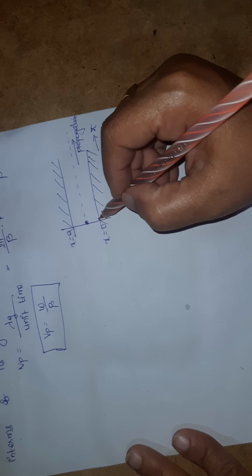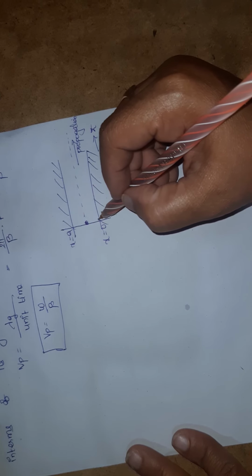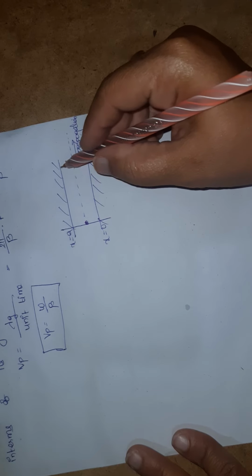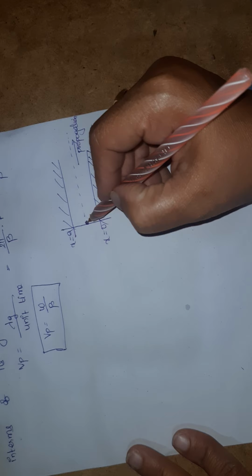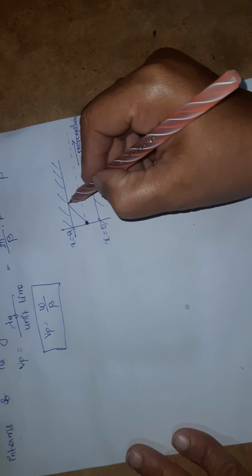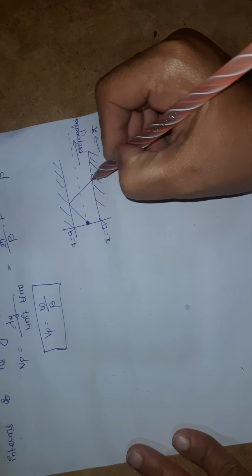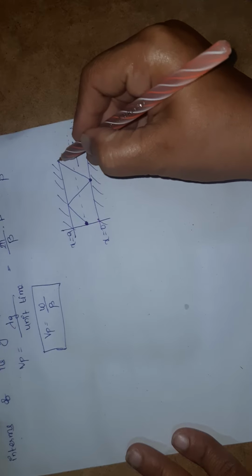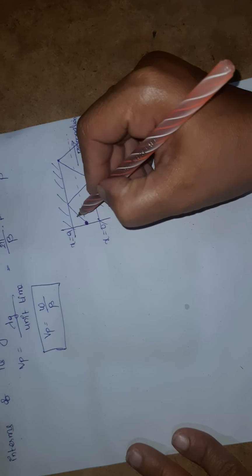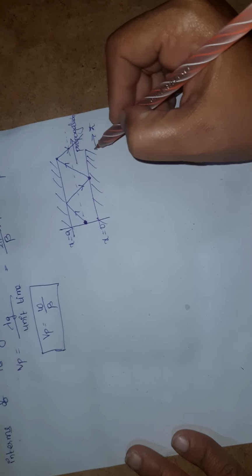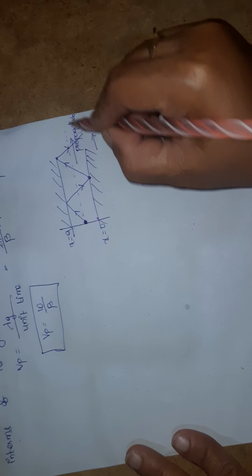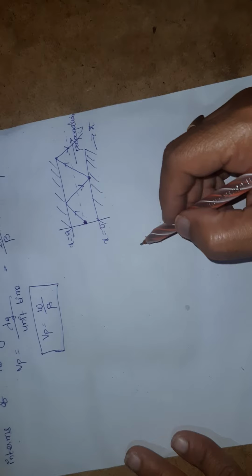The wave is restricted to move between these two plates. This is a source. It hits here and reflects back, hits here, reflects back, and like this the signal moves along the z direction.